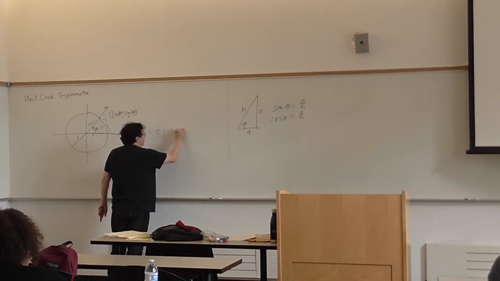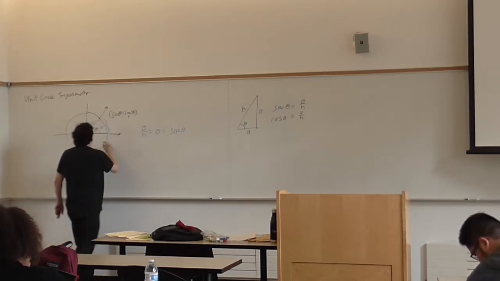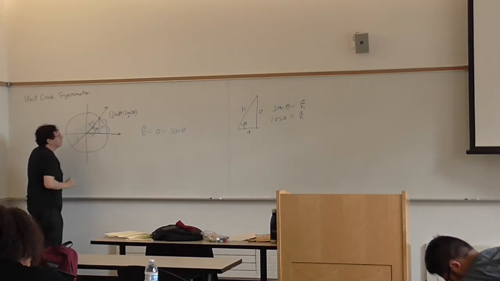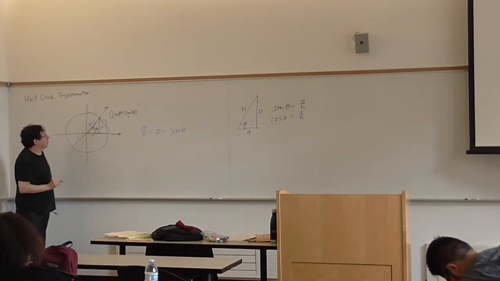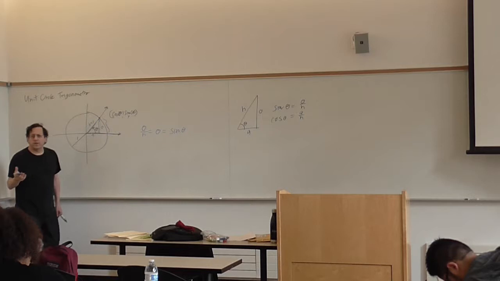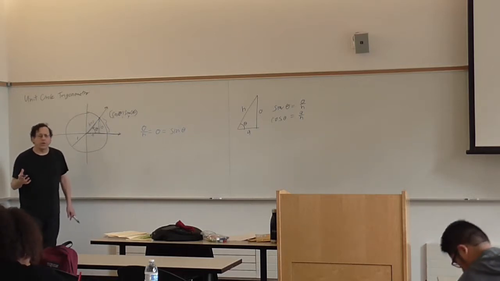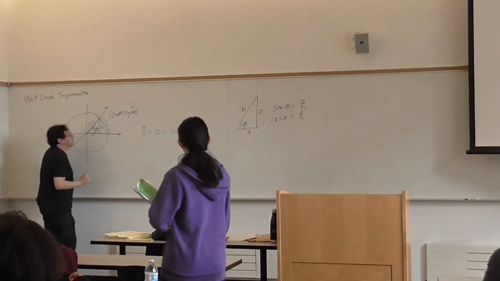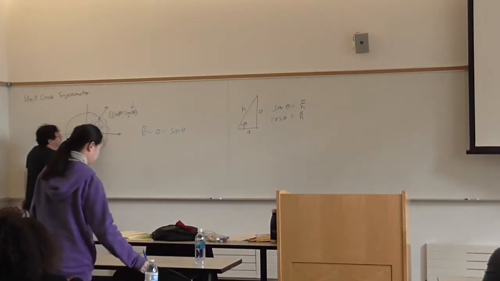That's equal to the sine of theta for this triangle here. But this distance here is just what? That's the y distance. It's the y coordinate. Well, that's exactly what we're saying here. It's the y coordinate.